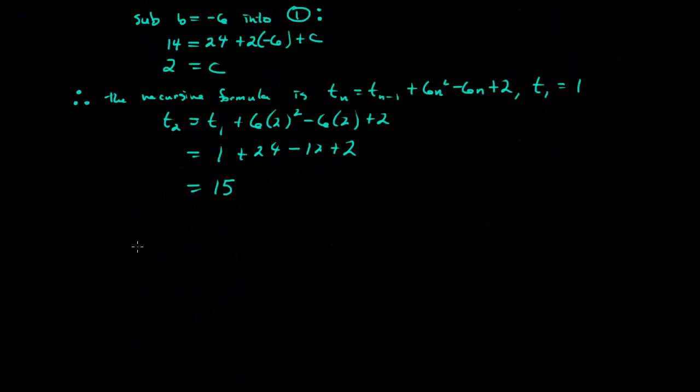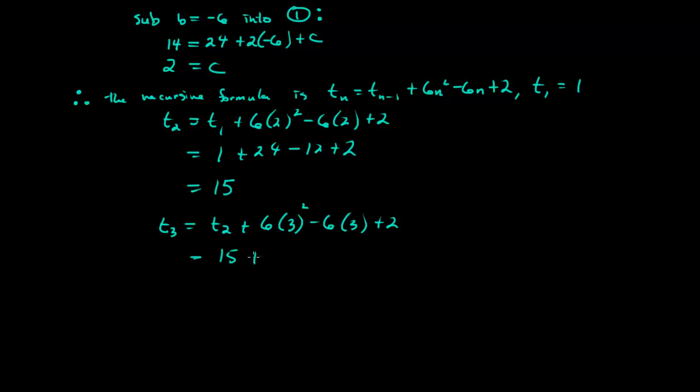And let's make sure that t sub 3 is correct as well. So t sub 3 was equal to t sub 2 plus 6 times 3 squared minus 6 times 3 plus 2. And t sub 2 is 15.